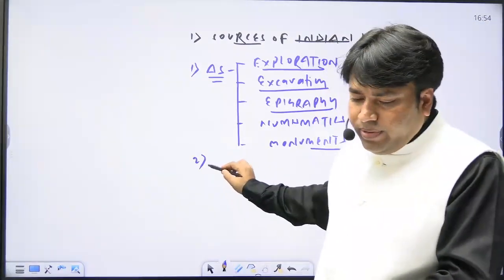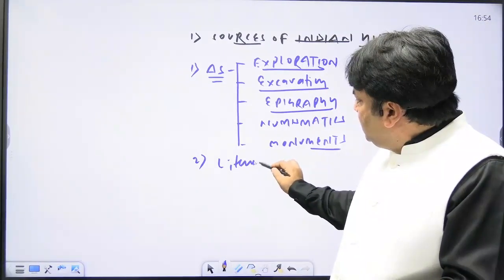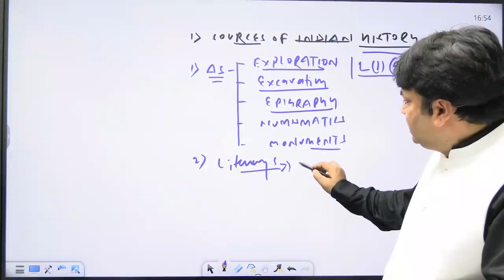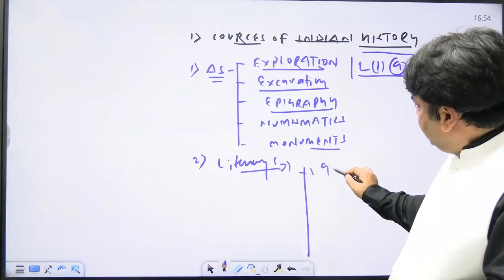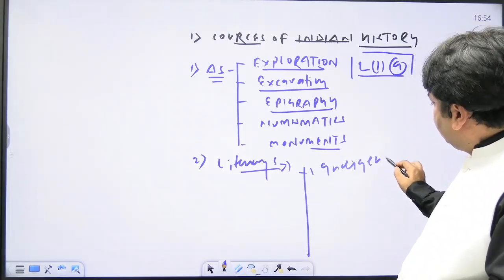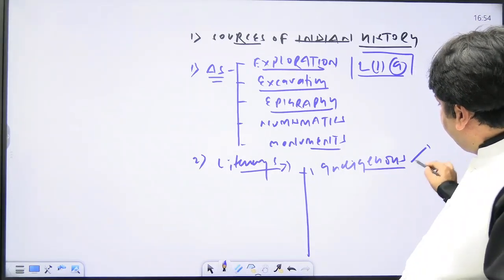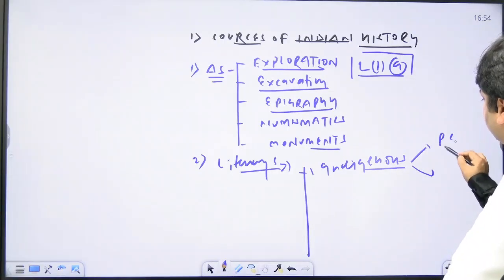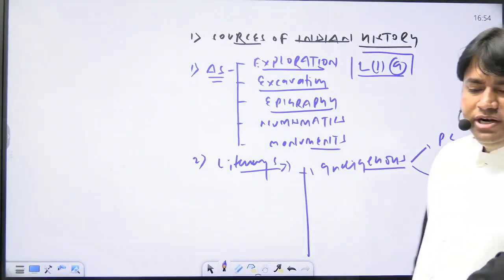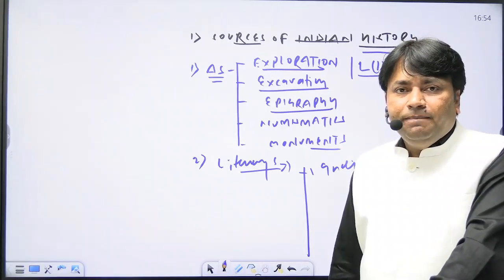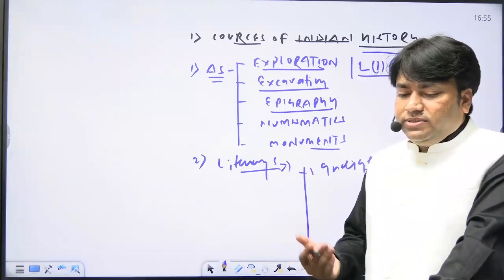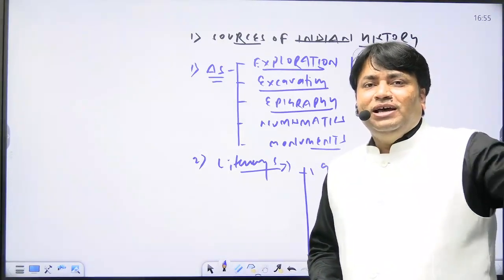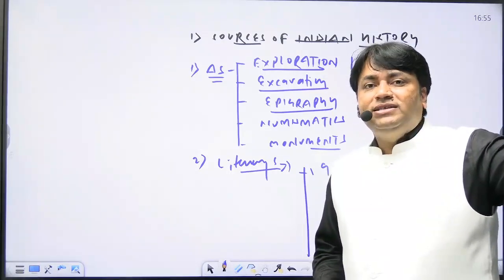The second topic is literary sources. In literary sources, it has again been categorized into indigenous sources. What are the indigenous sources? In indigenous sources there are two divisions, primary source and secondary source. So we need to understand what that is. Got it? In indigenous sources, you will find two kinds of sources: religious literature and secular literature.